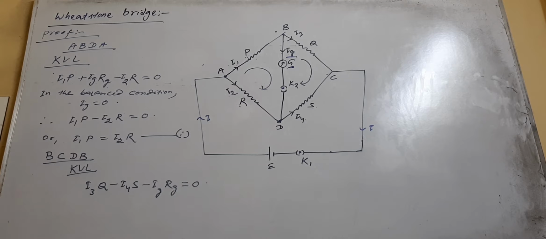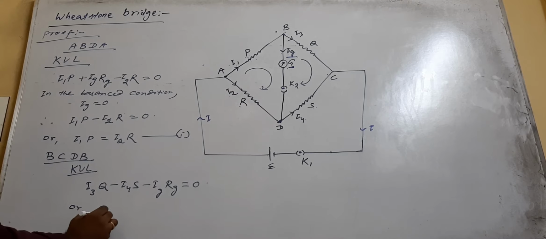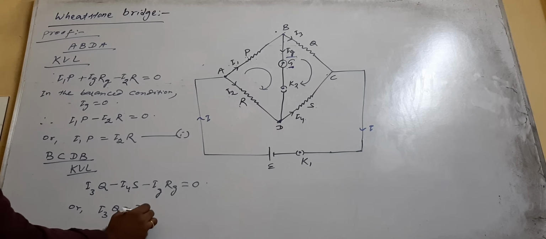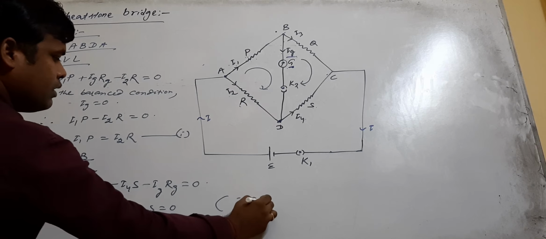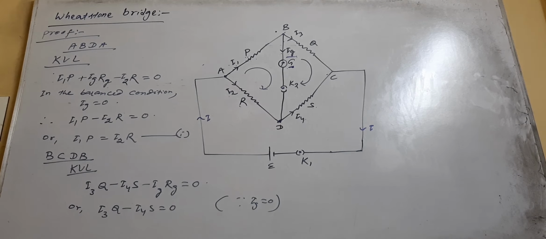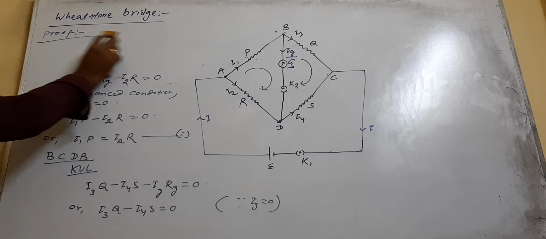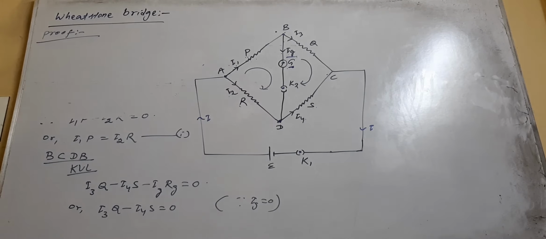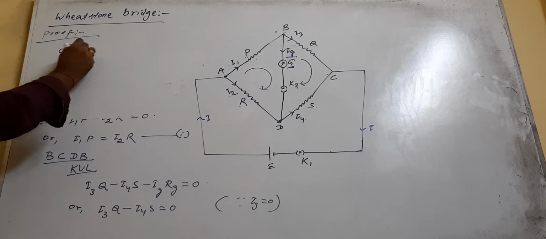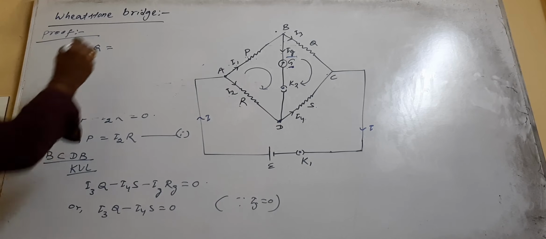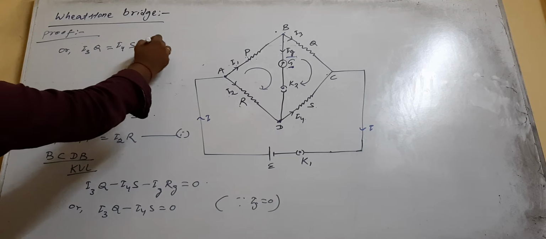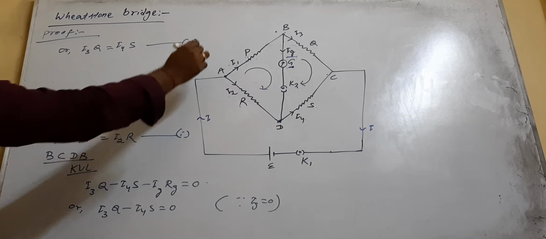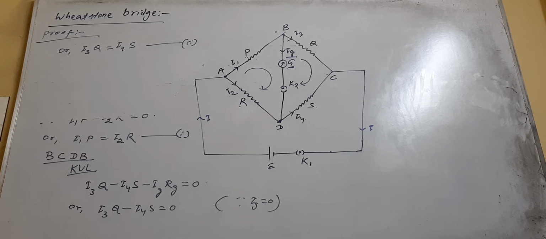In the balanced condition, Ig is equal to 0. So I3Q minus I4S is equal to 0 since Ig is equal to 0, or I3Q is equal to I4S. It is your equation number 2.